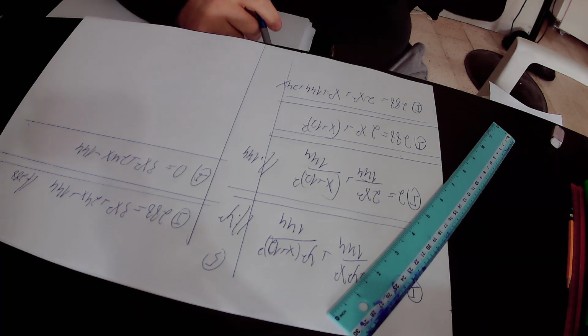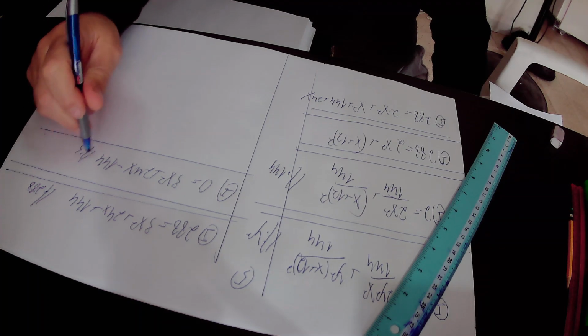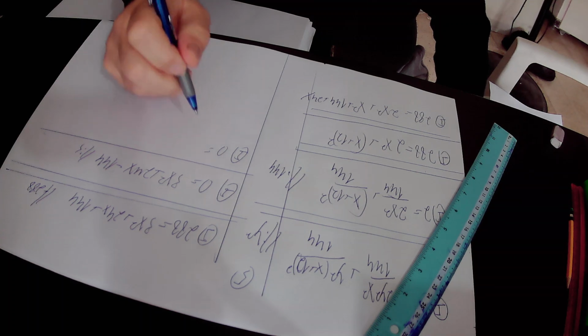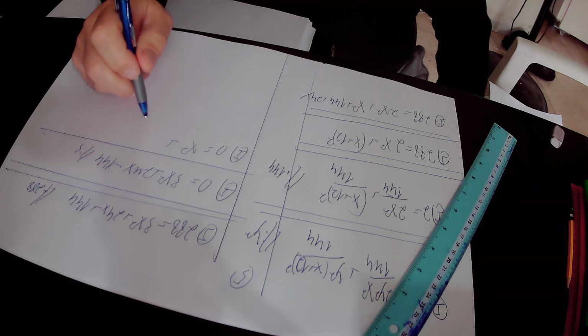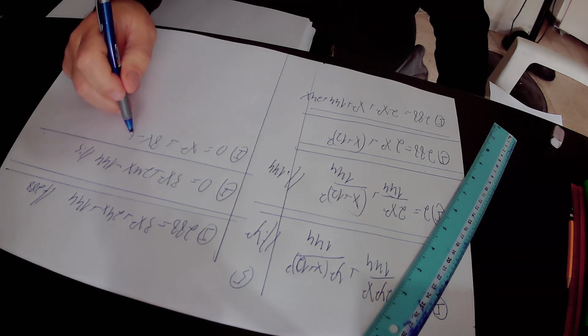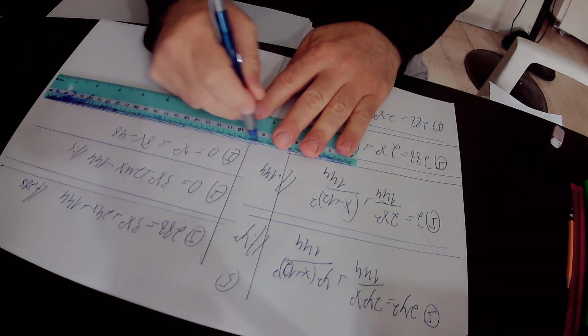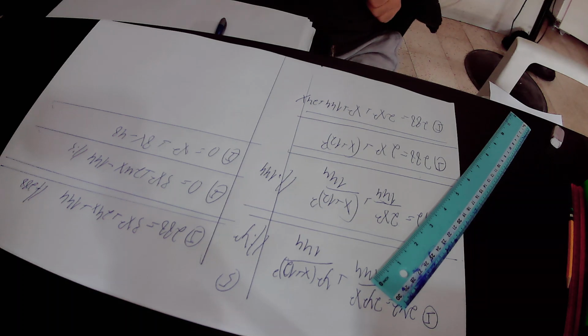Here we divide this quadratic equation by 3, and we get that according to equation 1, 0 over 3 is 0, and it equals 3x squared over 3 is x squared, plus 24x over 3 is 8x, minus 144 over 3 is minus 48. So we found out actually that 0 equals x squared plus 8x minus 48.